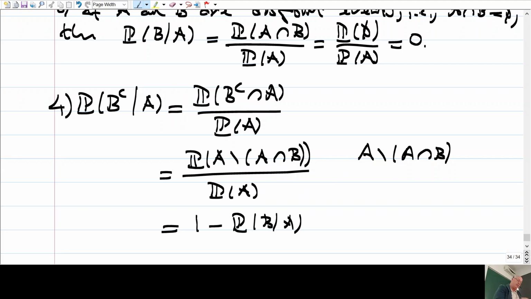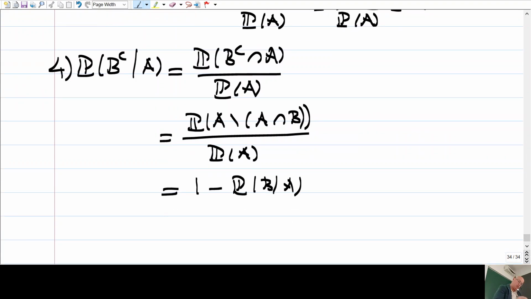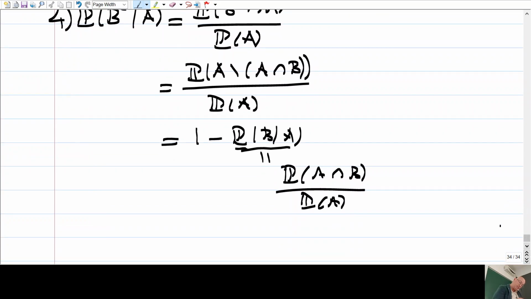Okay. Well, all right. Let me just think about this, and you also think about this. This should be true, but I don't see how we pass from this line to this line. What is this? This gadget is equal to the probability of A intersection B and P(A), right?